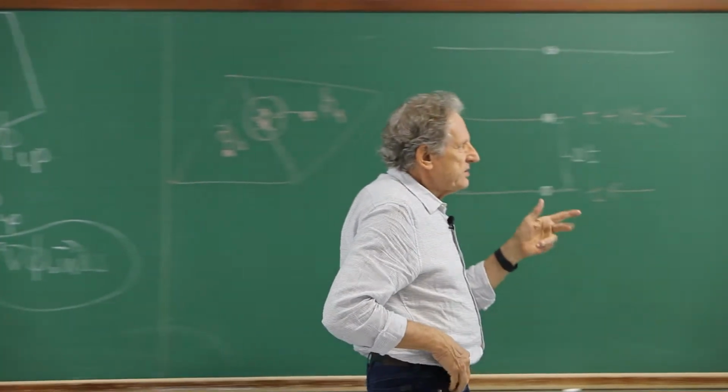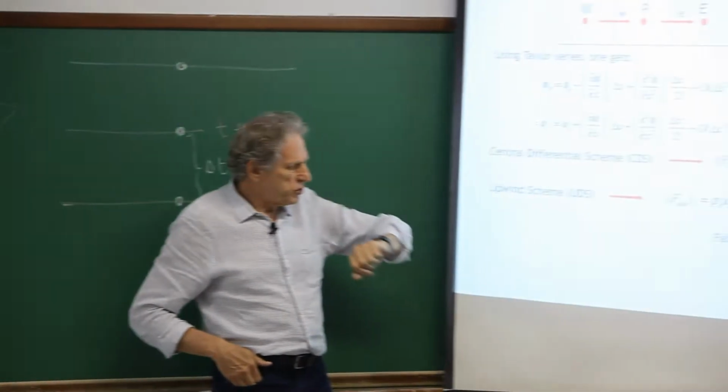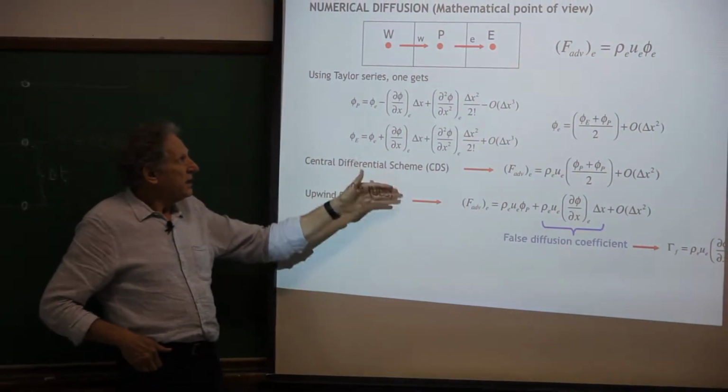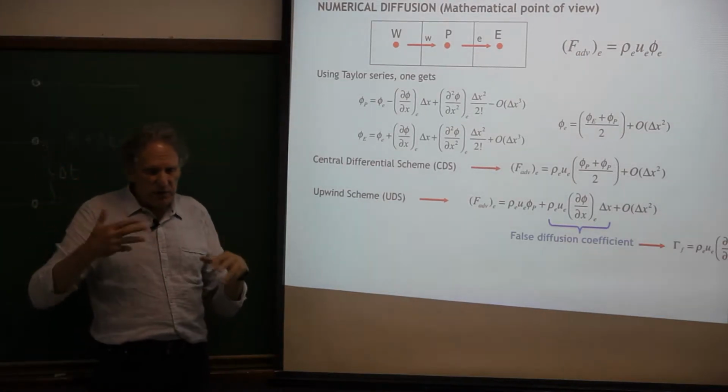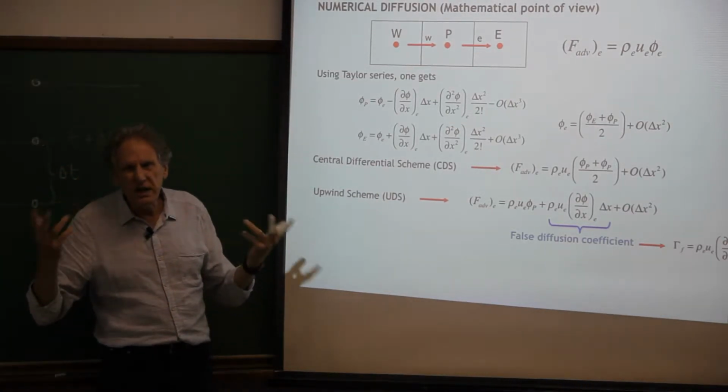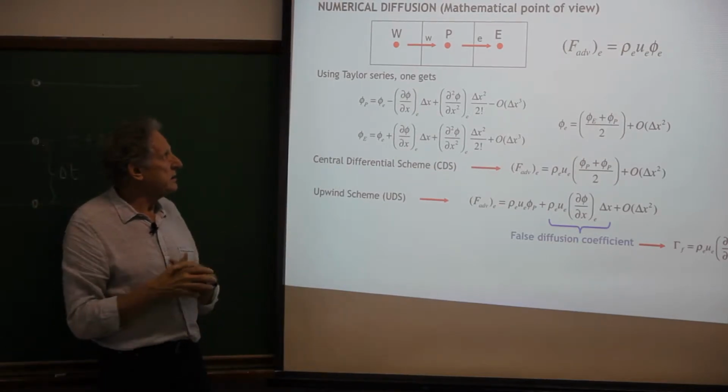And then, this is a very important point I want to go through. From the mathematical point of view, and I would say another point of view, the physical point of view, about numerical diffusion.